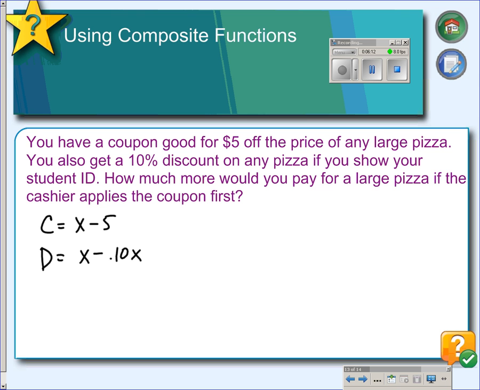And we want to know what is C of D of x, and we want to know what is D of C of x. In the bottom case, we're applying the coupon first and then getting our 10% off. In the top case, we're taking 10% off first and then getting the coupon. So let's try it.